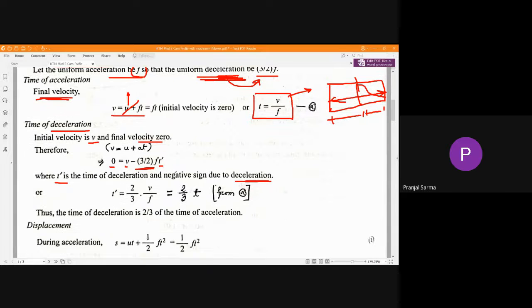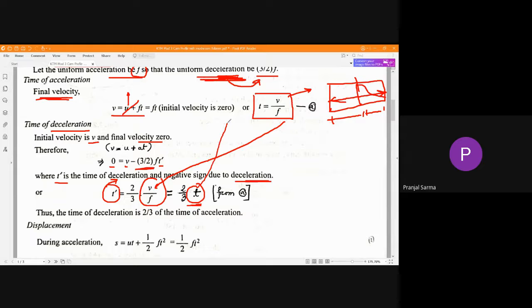So from here we can write t dash to be 2 by 3 of t. We have used v by f, this is nothing but t, already obtained. So t dash equal to 2 by 3 t.